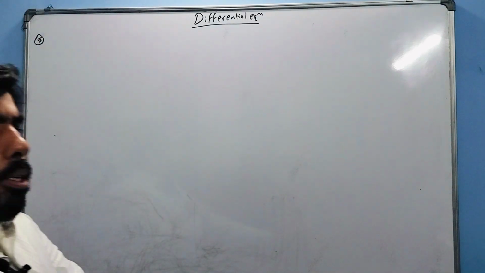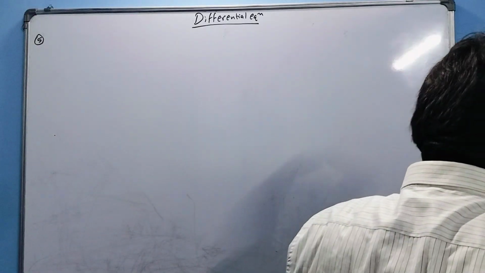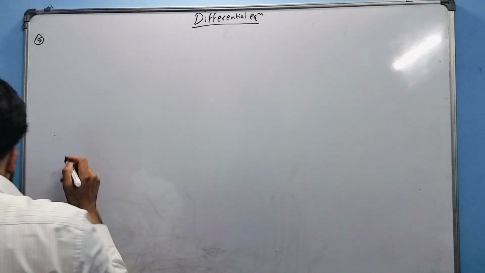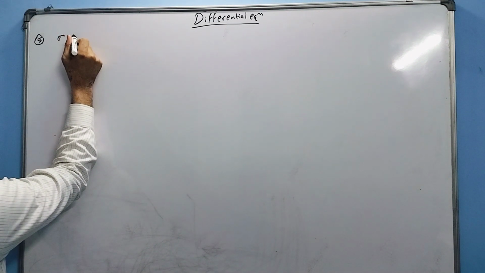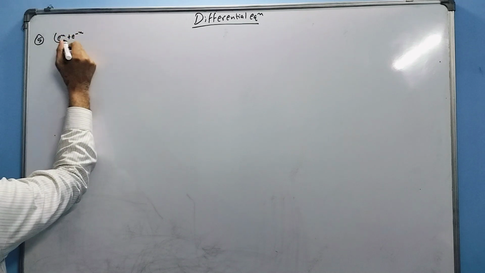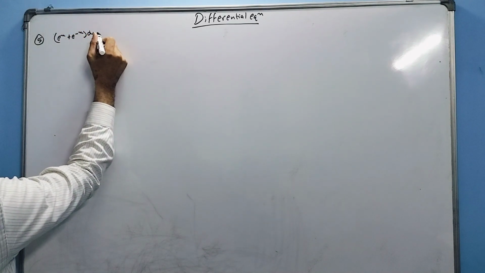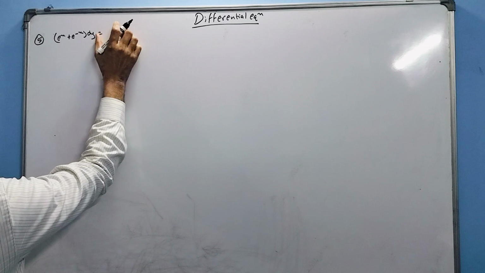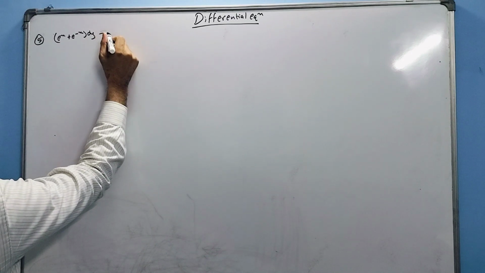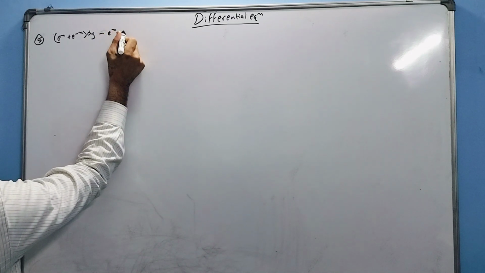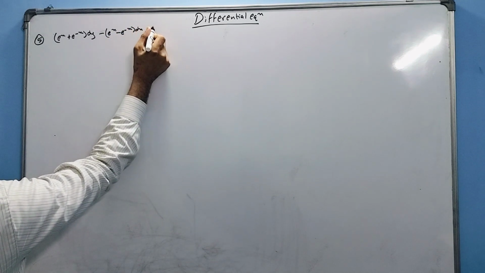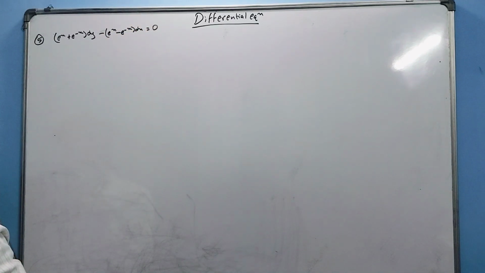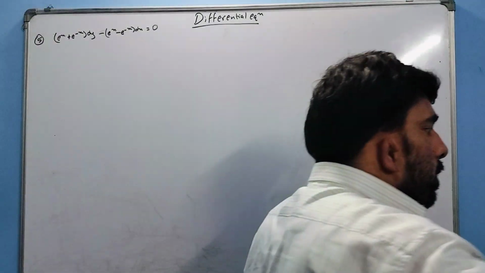Okay, so we have the fifth question here. What they have given is e raised power x plus e raised power minus x dy, no, they have given a negative sign, e raised power x minus e raised power minus x dx is equal to 0. Okay, so they have given such an equation.